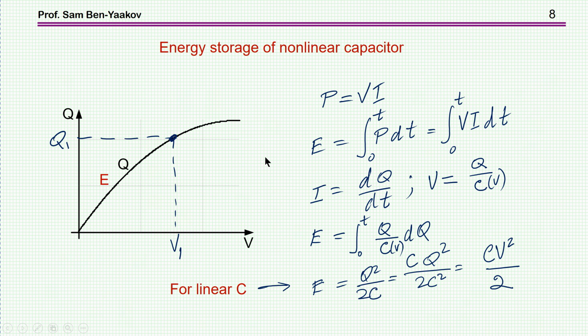Now we come to the question of energy. Power is V times I, and energy is the integral of P for a given time interval, which is the integral here. Now I itself is dq over dt, and V is Q over C. In this case, C is voltage dependent.